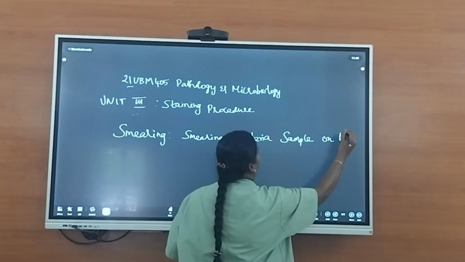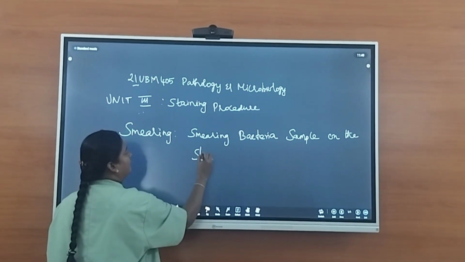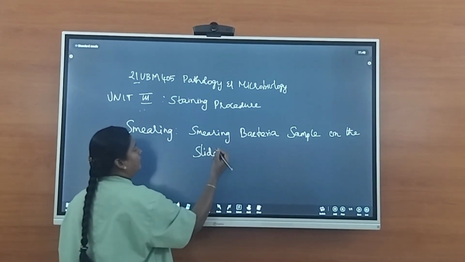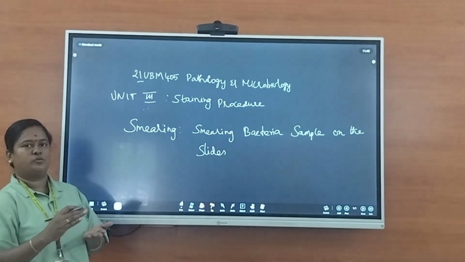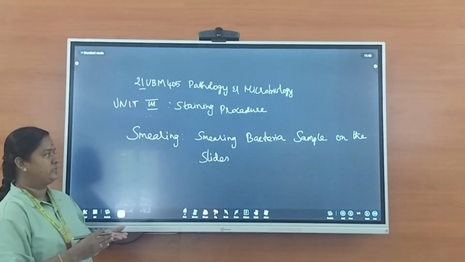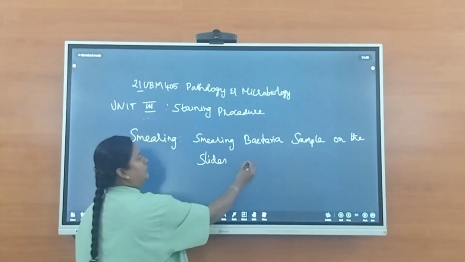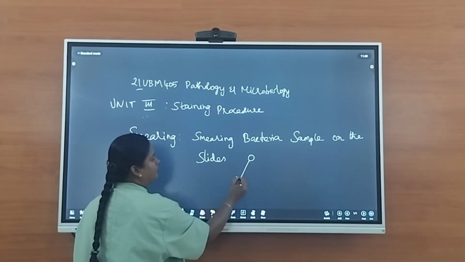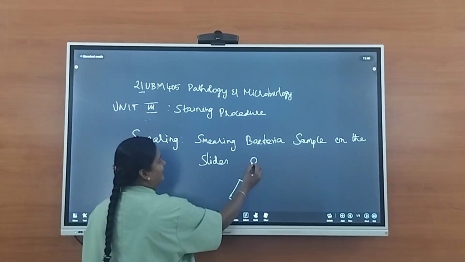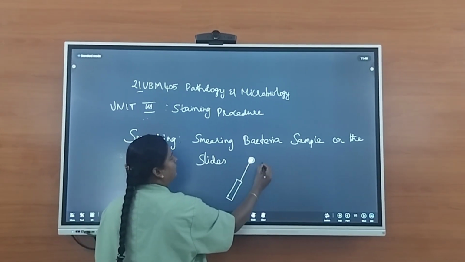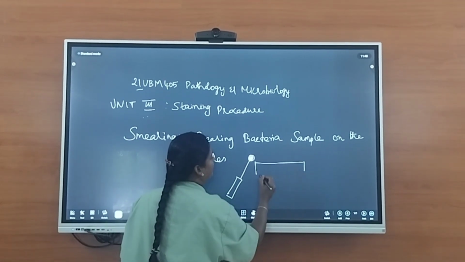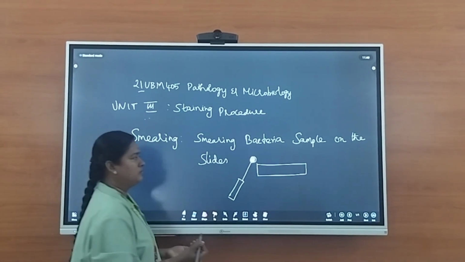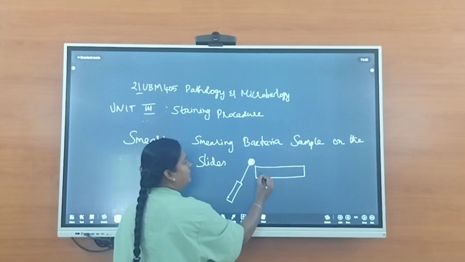So we have to take the slides and sterilize them. After that only do we smear. After sterilization of these slides, we take one loopful of bacteria from the sample and apply it on the slide. So this is the microslide.